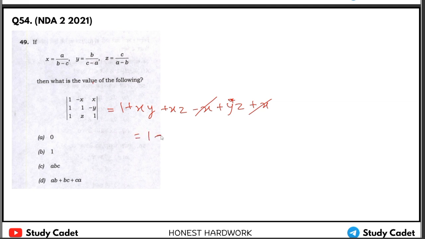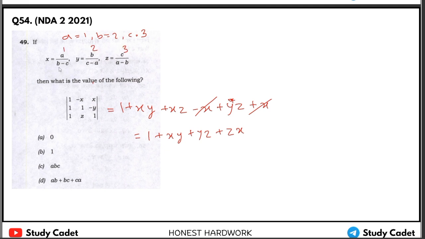So we have 1 plus xy plus yz plus zx. We can put the values: simply put a equal to 1, b equal to 2 and c equal to 3.